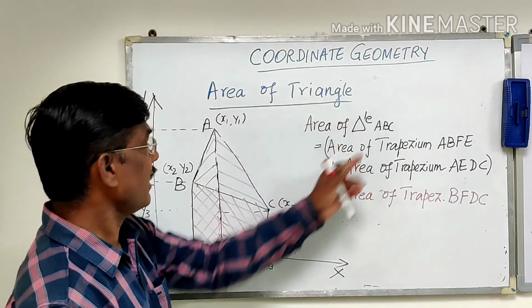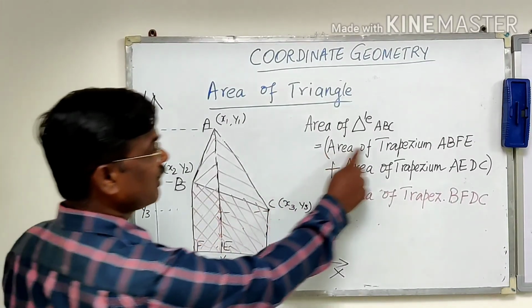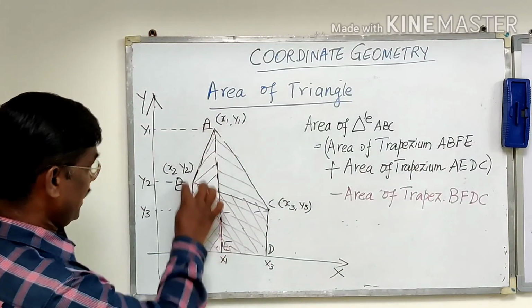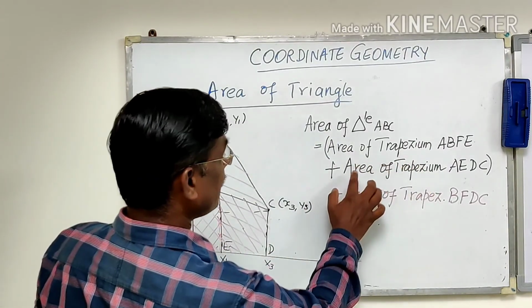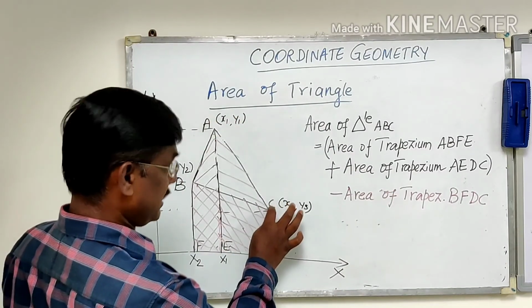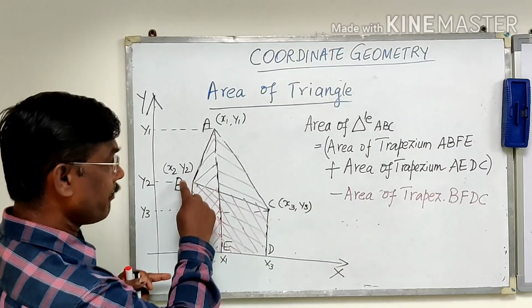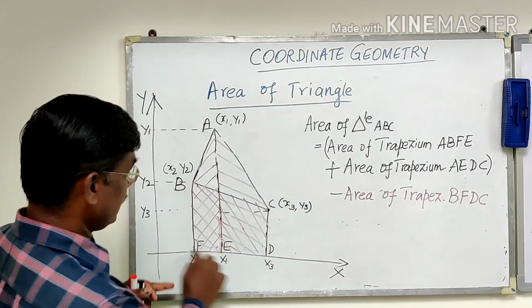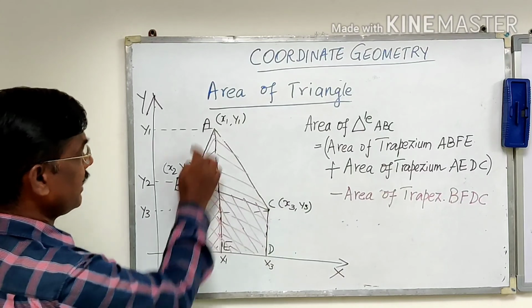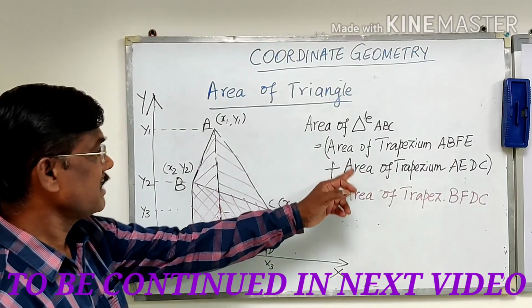So area of triangle ABC is nothing but, first you find the sum of area of trapezium ABFE, then area of trapezium AEDC, then from that value subtract the area of trapezium BFDC. So what you will get is the area of triangle, right? Now we will find out the area of trapezium one by one.